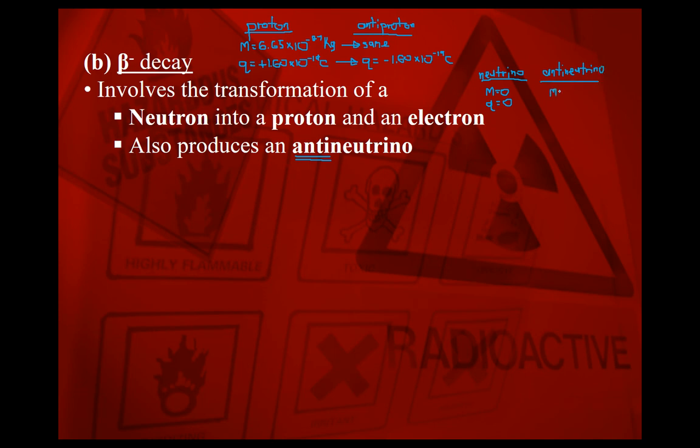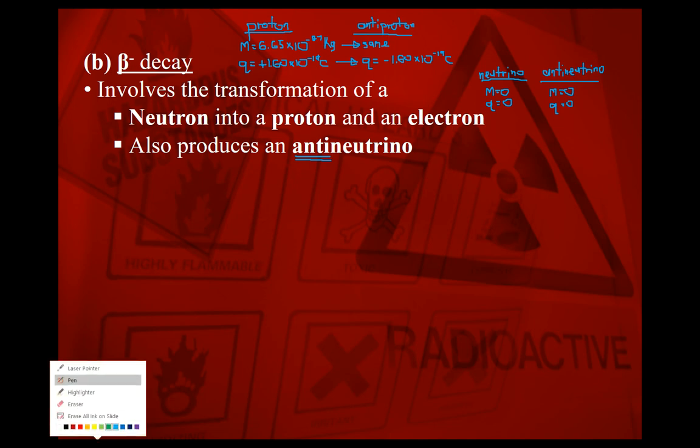What's its mass? 0. What's the opposite of 0 in charge? 0. Well, wait a second. How can you tell the difference between a neutrino and an antineutrino if they have the same mass and the same charge? Well, it turns out there's another property about matter and antimatter.